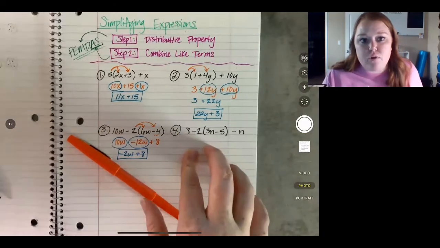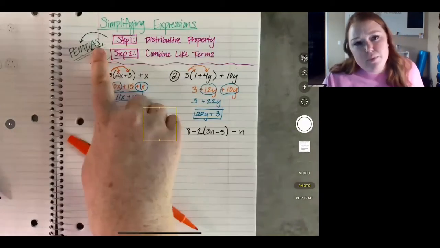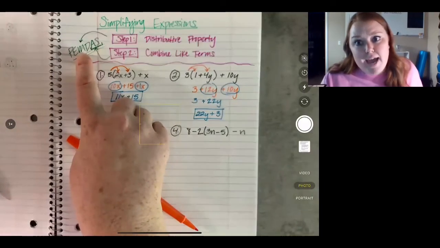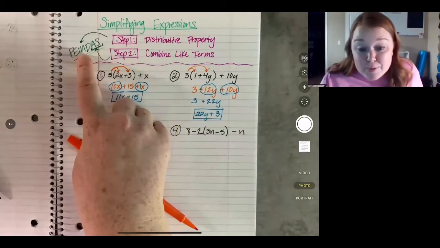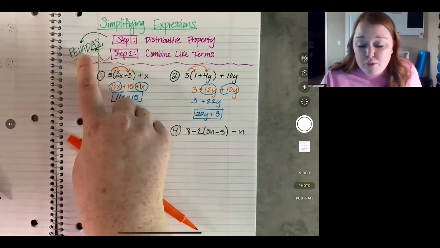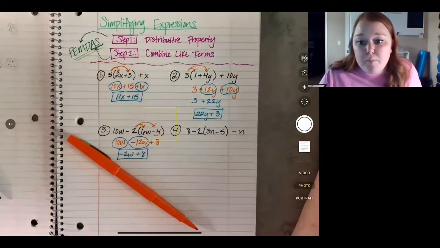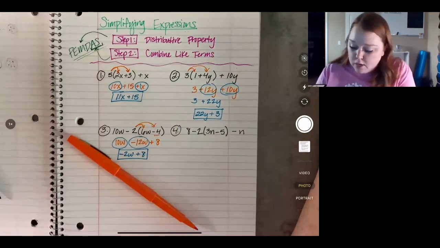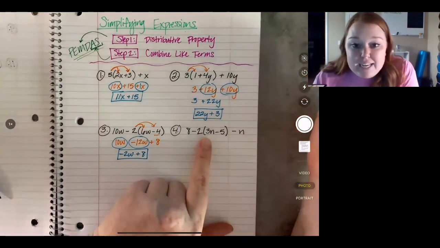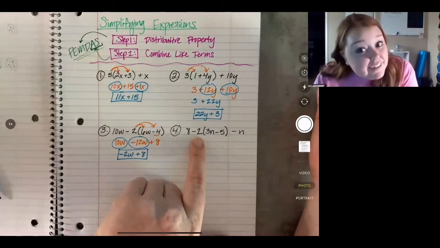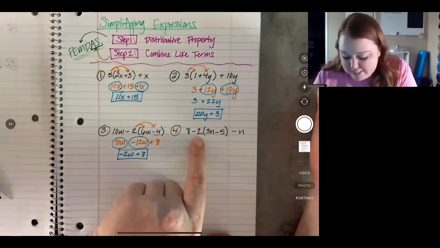Hopefully you're thinking of order of operations. Should I be subtracting before I use distributive property? No, no, no, no. Rules, right? Follow the order. So I have to start with distributive property. So what number is right next to the set of parentheses? 2 or negative 2? That's a negative 2.